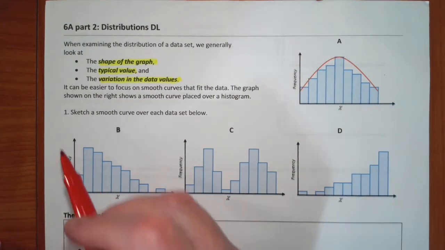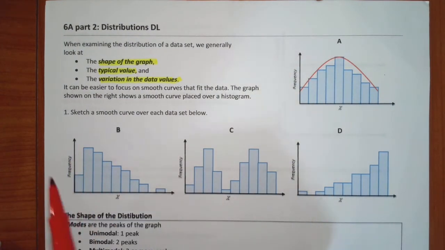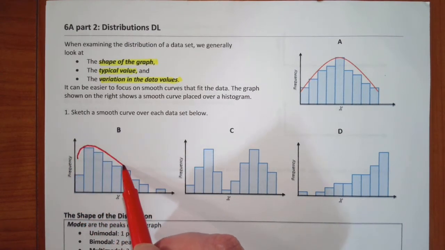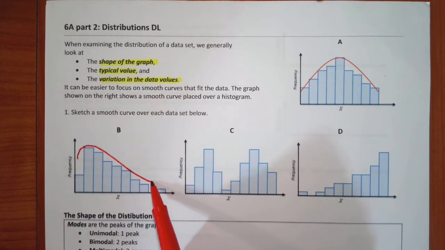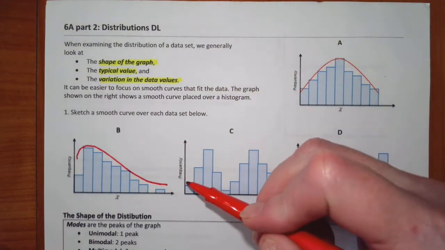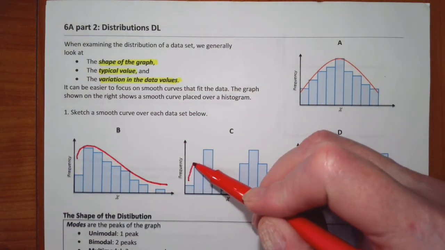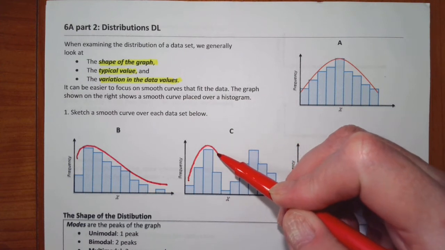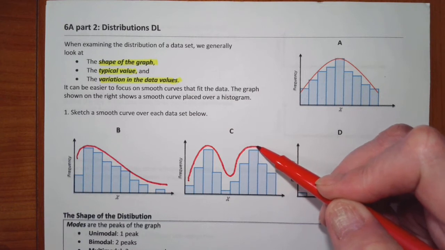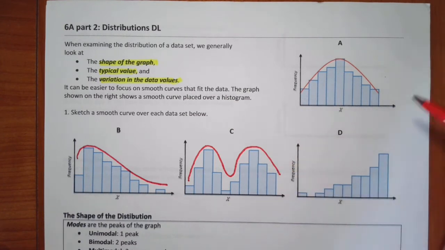So we want to start here, and it doesn't have to be exact and it doesn't have to be all that close, but you want to make sure that you have a curve that fits most of the data. Okay. Here you're going up, you're coming back down, you're going up, and you're coming back down.